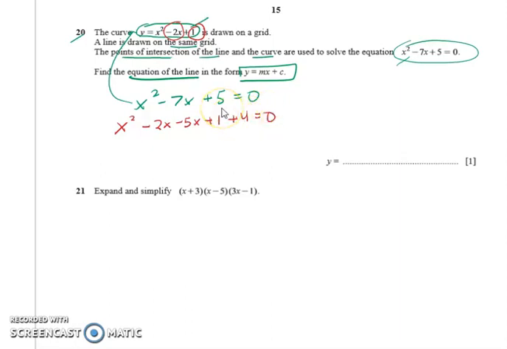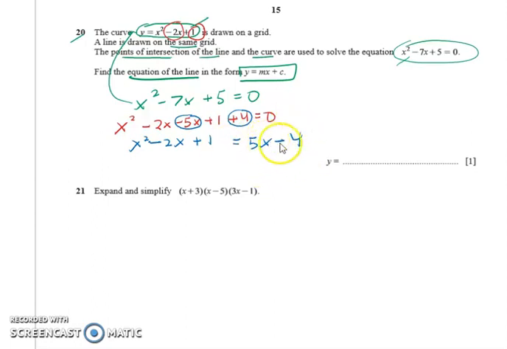Okay, now we have to move the minus 5x and plus 4 to the opposite side, and we'll be getting 2x plus 1, and here's 5x minus 4.